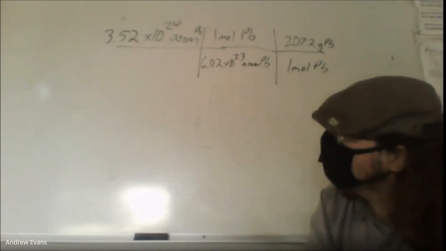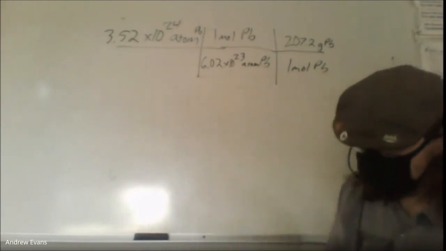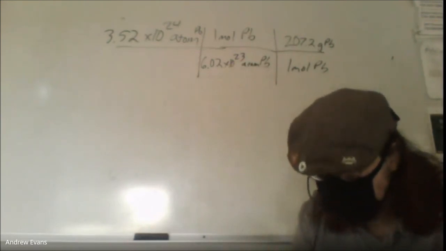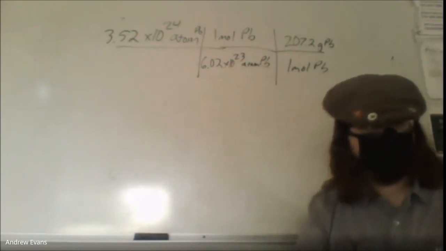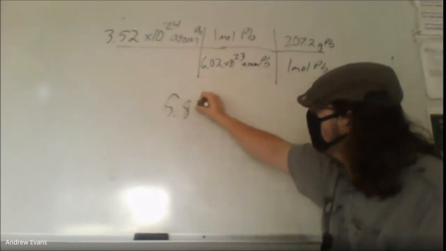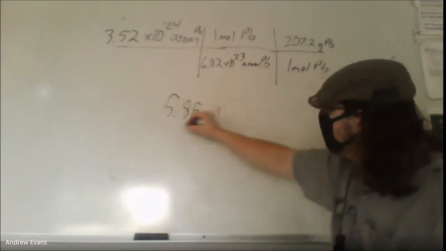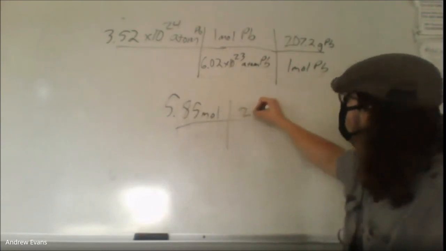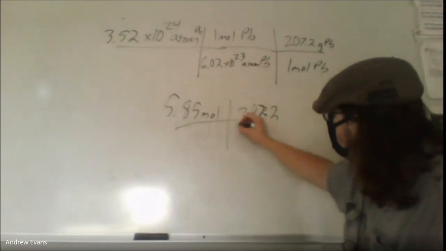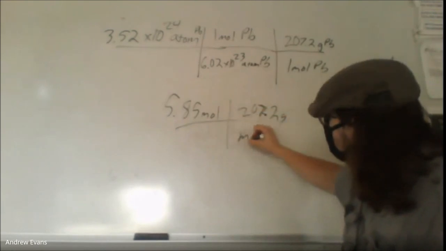So when you do the first step, you should have got 5.84 moles, or let's say 5.85 moles, times 207.2 grams per mole.